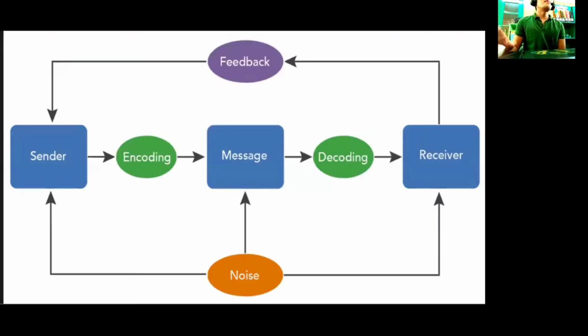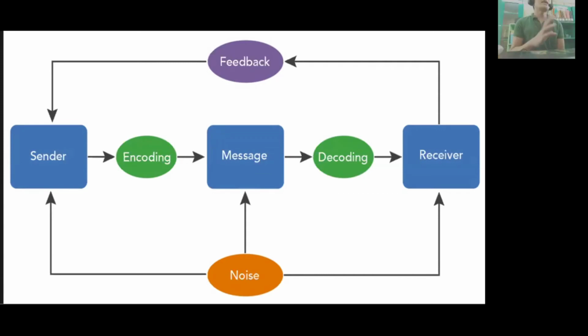Now, as I promised, we will be understanding the flow of communication. As you can see in the diagram, the sender always starts the flow of communication. Before the speaker starts to speak, he or she first generates an idea. The speaker starts to encode the idea, or converts the idea into words or actions.